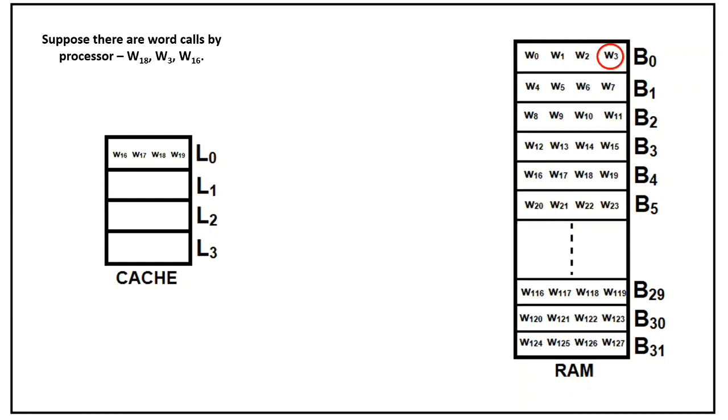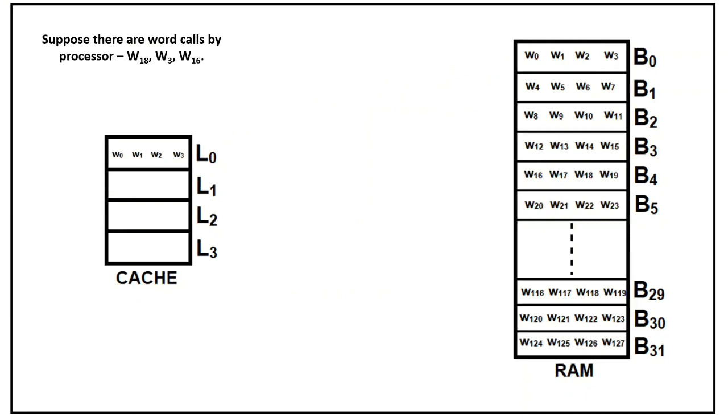So it is a cache miss obviously, and block B4 is replaced by block B0 inside line L0.